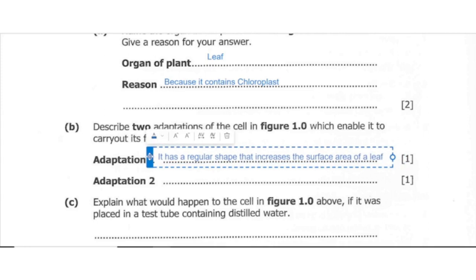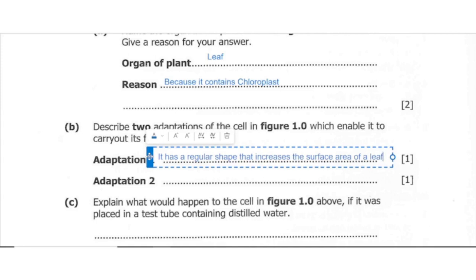When it traps sunlight, it uses the sunlight to break down water and carbon dioxide to form oxygen and the energy, which in turn the plant uses for its growth.